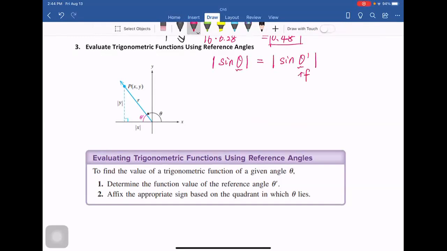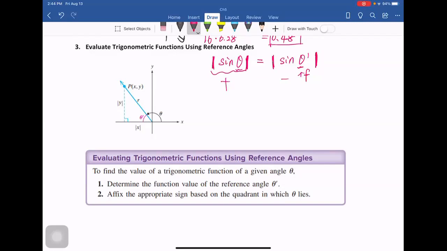The only difference between the trig functions and their reference angle trig functions is the sign. Maybe this is positive, maybe it's negative, but their absolute value is always the same, including cosine, tangent, cotangent, secant, cosecant.